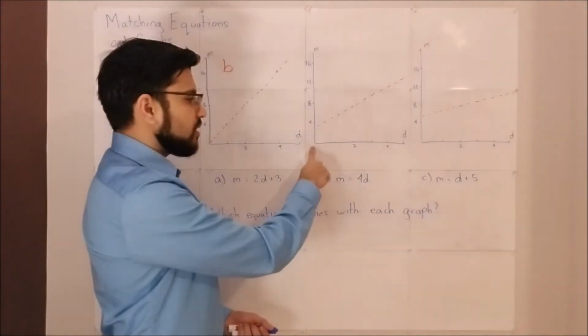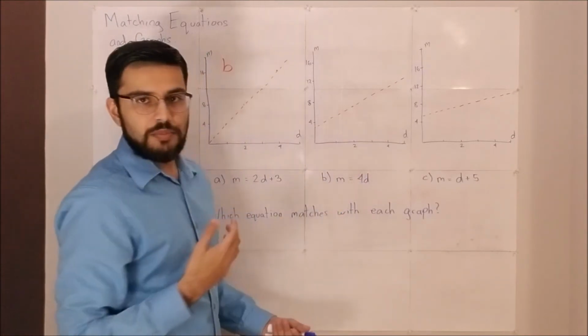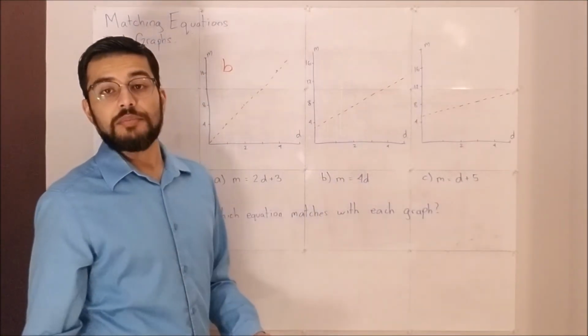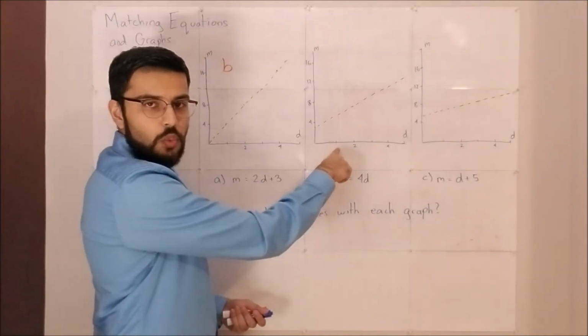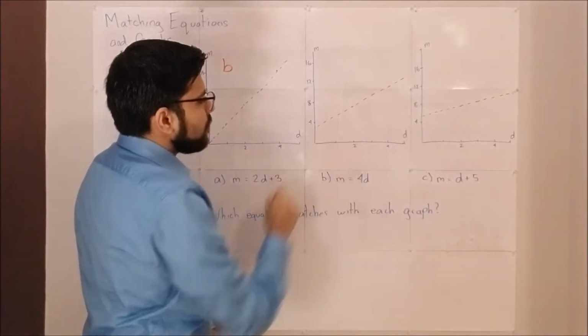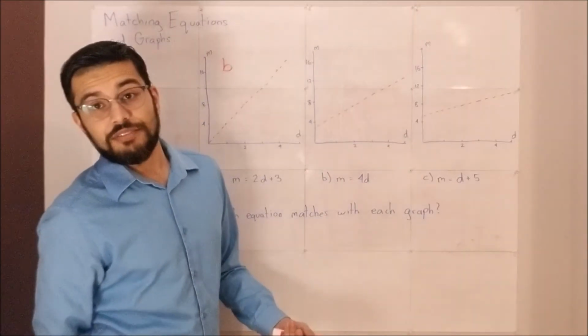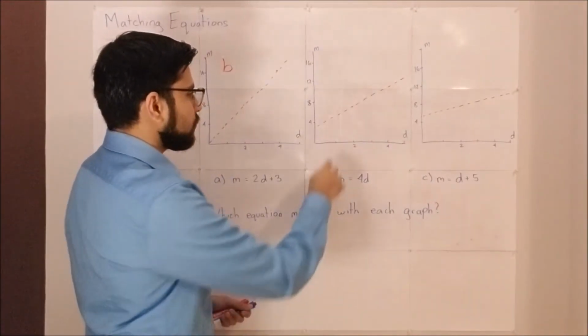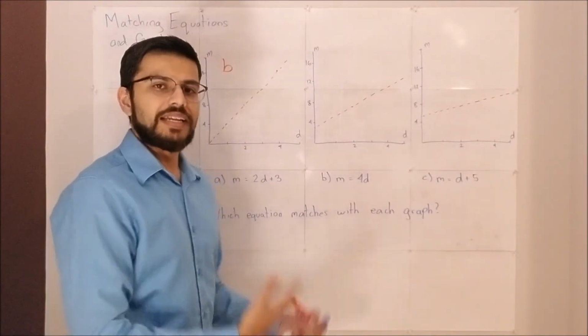Along the D axis, it still goes up by 1s. Every time I increase D by 1, how much does M increase by? So for example, when D is equal to 1, that's right over here, M is, that's a tough one. It looks like it's just above 4. Maybe it's at 5. So what did I have to do to 1 to get it to 5?